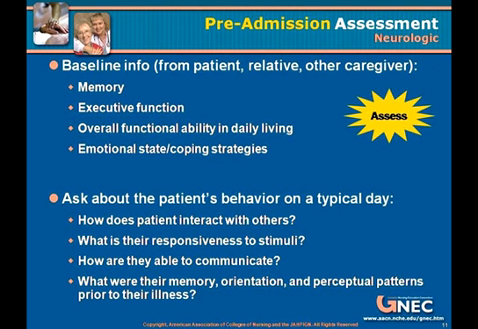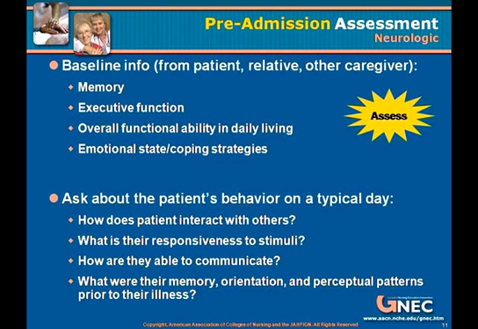Did they do the grocery shopping? Was this a person who played golf right up until the time that they had an acute event that led to an emergency room visit and ultimately an ICU admission?